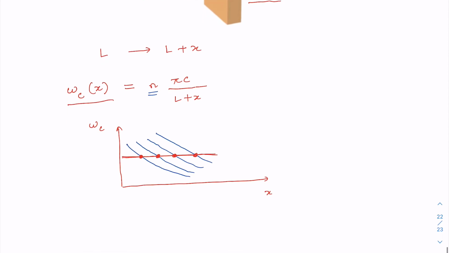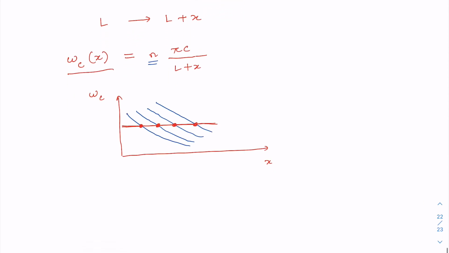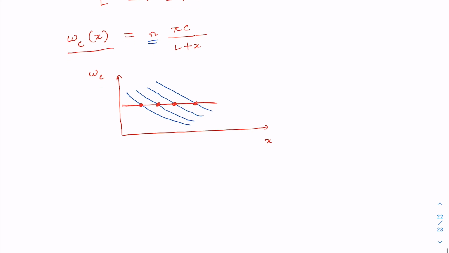This means that the light power or the light intensity circulating inside the cavity as a function of position will show a typical resonance behavior of a Fabry-Perot cavity.